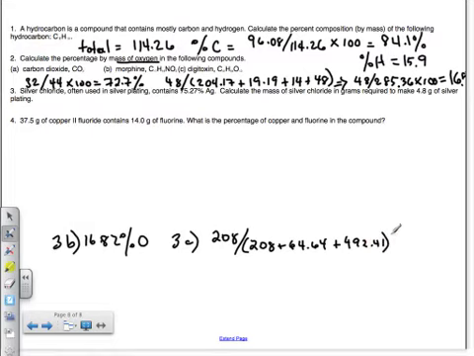Okay, times 100. So my denominator was 765.05. 208 divided by 765.04, times 100, equals 27.19%. 27.19% oxygen.